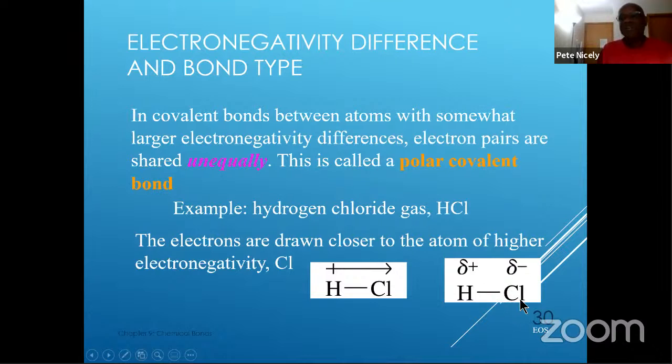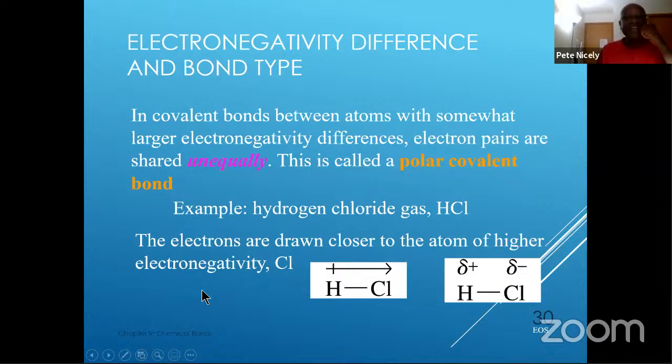So this chlorine atom will have a partial negative charge, not a full negative charge, because you don't have the full transfer of electrons over to the chlorine. You have a shifting of the electrons over to the chlorine, and therefore there'll be a partial negative charge for the chlorine atom and a partial positive charge for the hydrogen atom, all right? So these are 2 different representations of a polar covalent bond, all right?